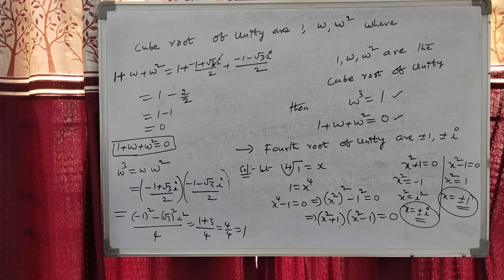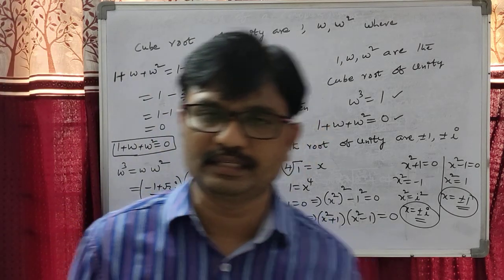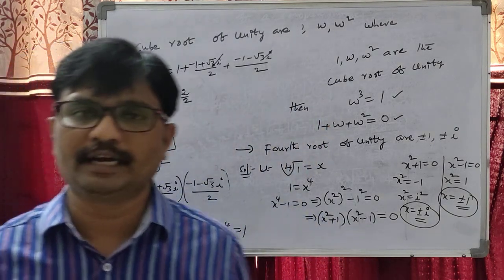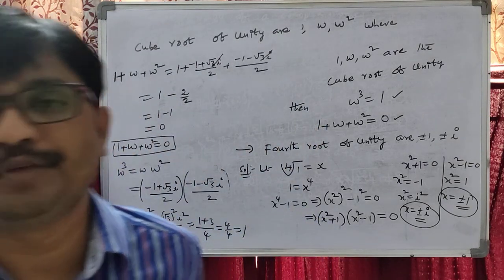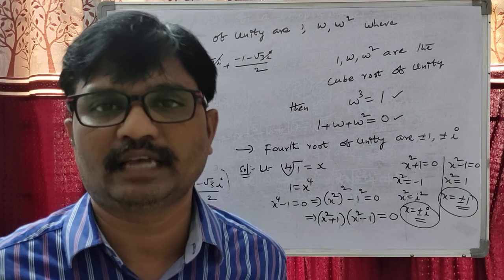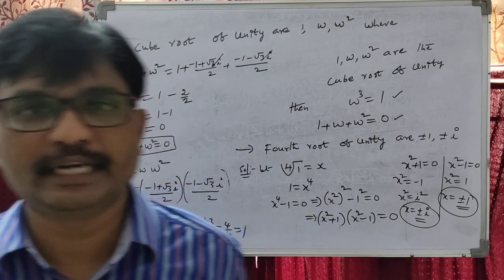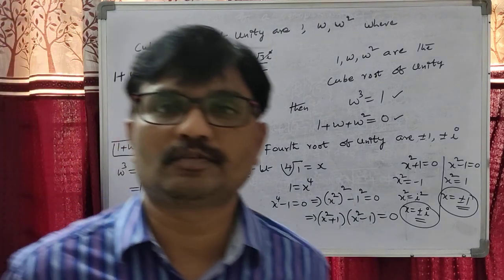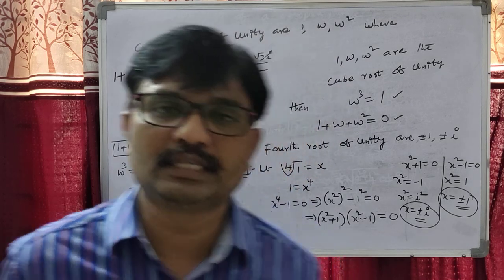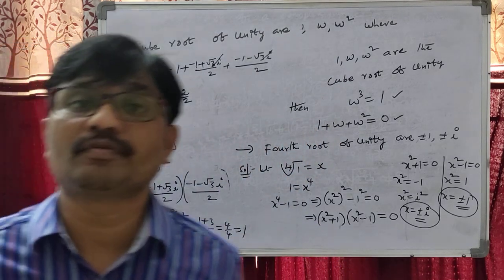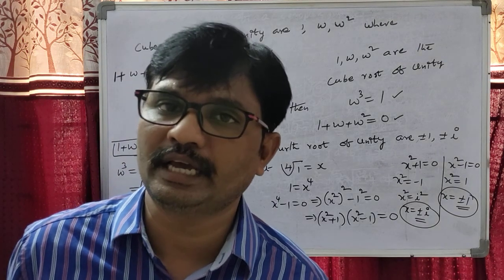Okay students, today we discussed the modulus properties, which are very important, and also the square root of a complex number. The square root of a plus ib equal to x plus iy, where x is root of the quantity square root of a square plus b square plus a, whole by 2, and y is root of the quantity square root of a square plus b square minus a, whole by 2.